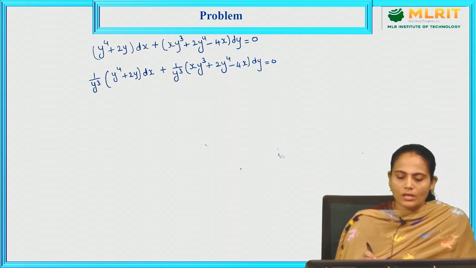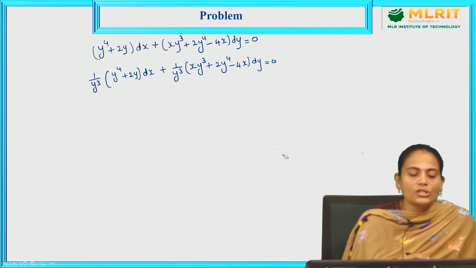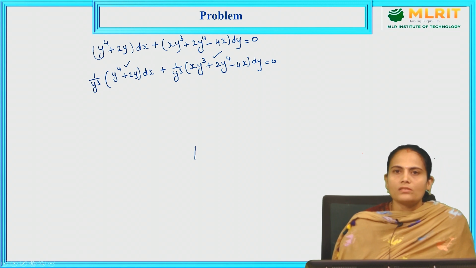Right? And now we have to multiply this 1 by y cube with each term of these factors.